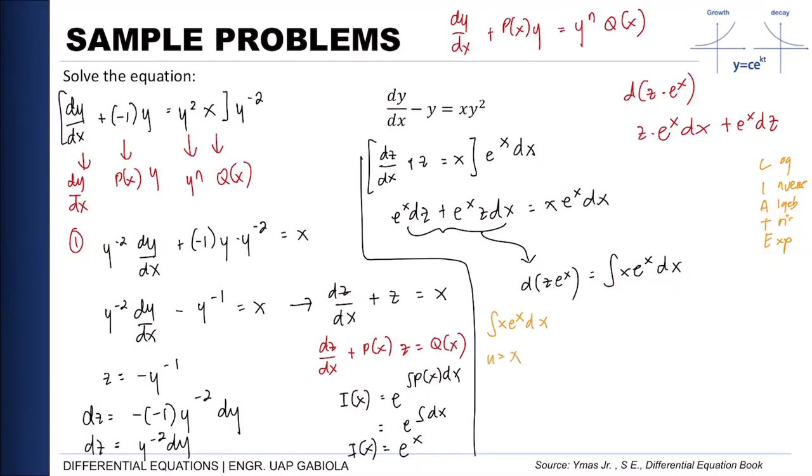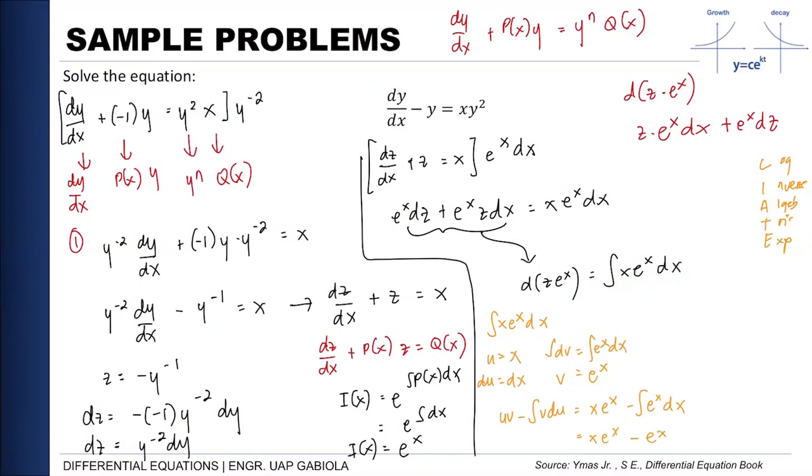So let mo na u is equals to x. Okay? Then ang dv mo is equals to e^x dx. Okay? So du is equals to dx. So v is equals to integral of e^x dx ay e^x. Okay? So formula ng integration by parts is uv minus integration ng v du. So that is x e^x minus integration ng e^x dx. Okay? So pag simplify x e^x, this is negative e^x.